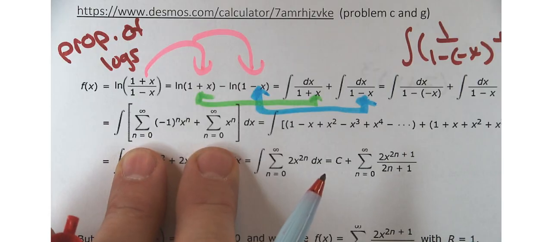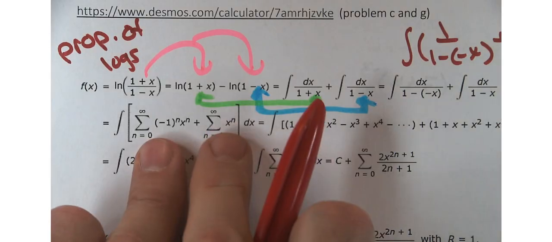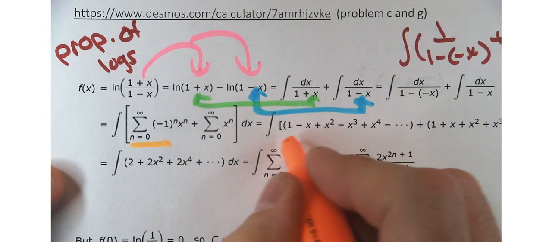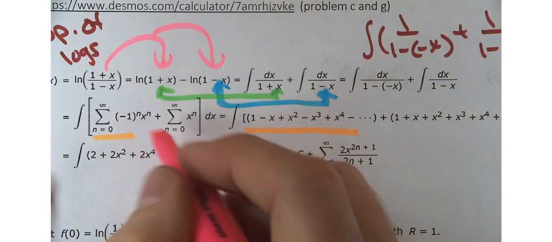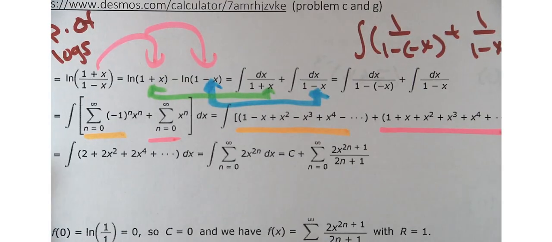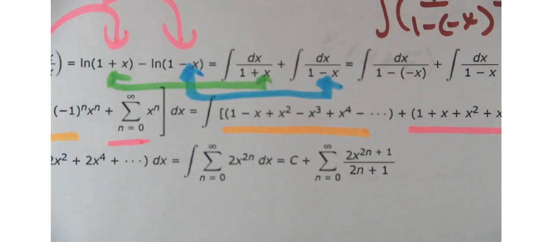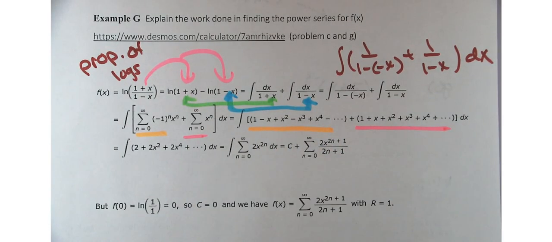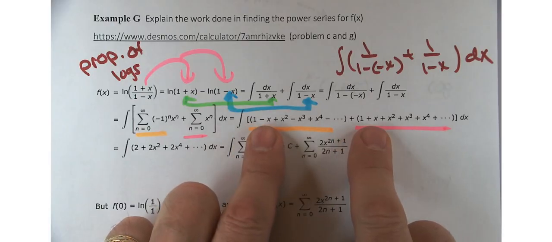Now there's something interesting that happens if you were to expand these series. If you expand the first one, it's going to look like this. If you expand the second one, it's going to look like this. But something interesting happens along the way. Take a look at some of these terms. The 1 and the 1 will add, but the x and the negative x cancel each other out, right?